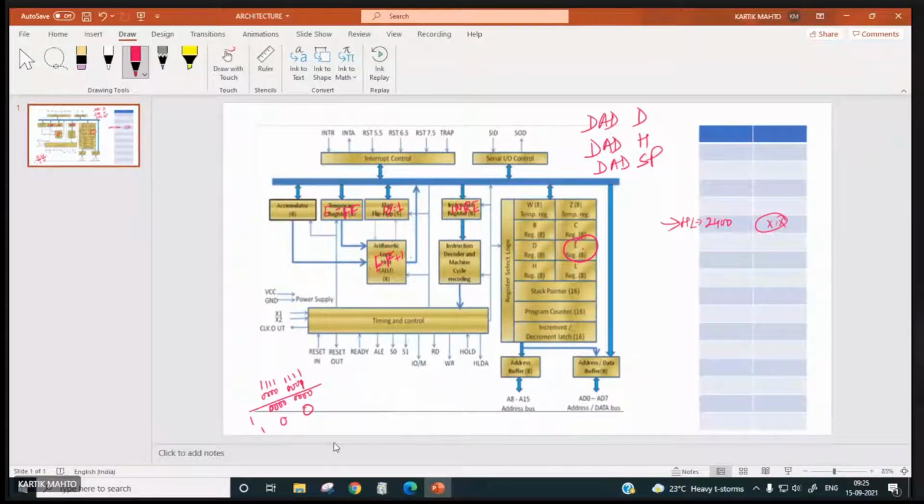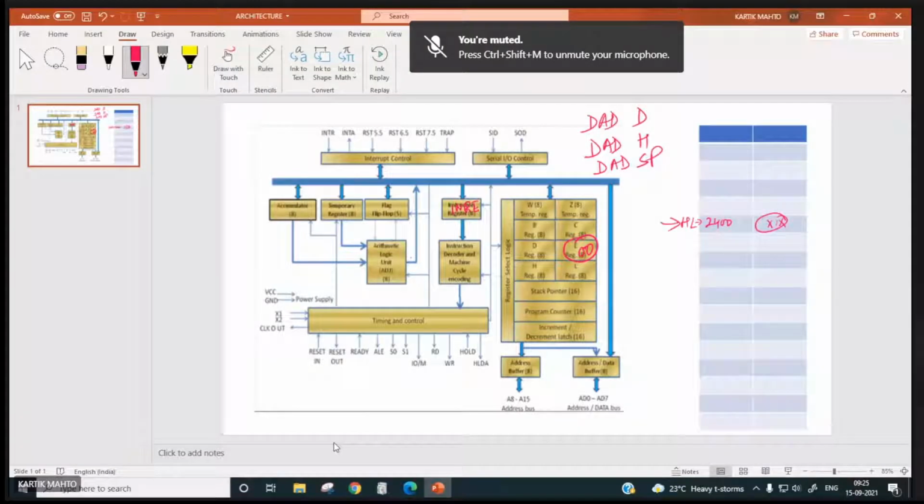And the result will be 0 0, and this 0 0 will be stored back over here. But this carry flag is not set during the INR instruction. It is unaffected whether carry is generated or not.